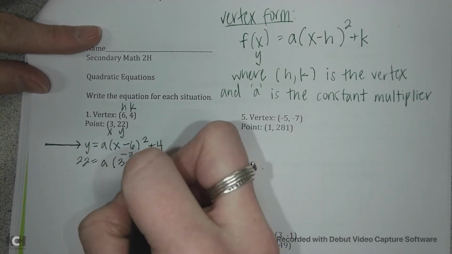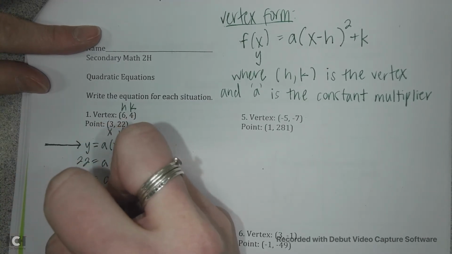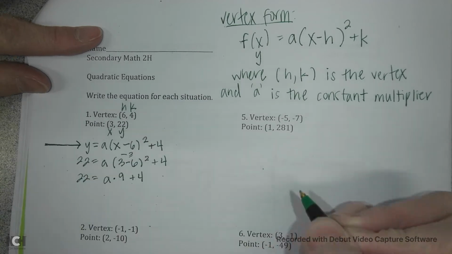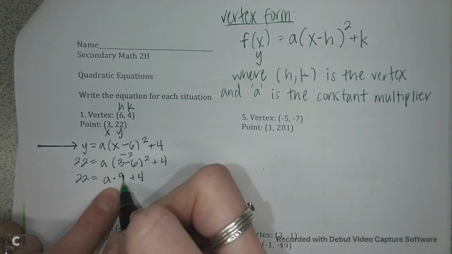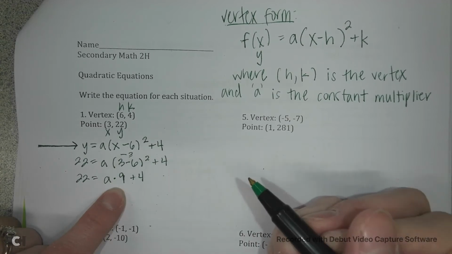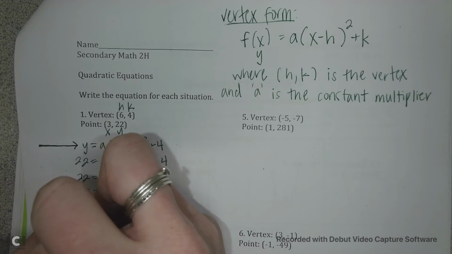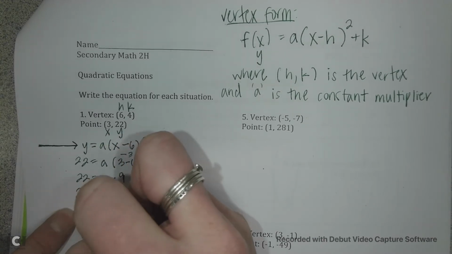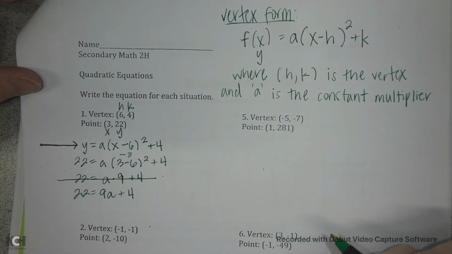And then negative 3 squared is 9. So we really have a times 9 plus 4. But we don't ever write things like that with our variables and then our numbers after it. So we're going to rewrite this as 22 equals 9a plus 4. And in the future, I'm going to skip this line.